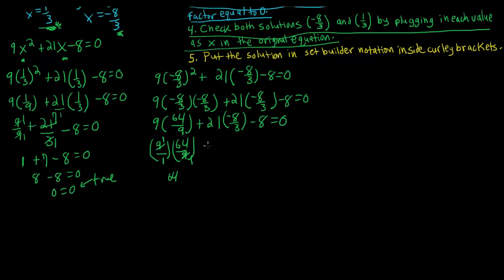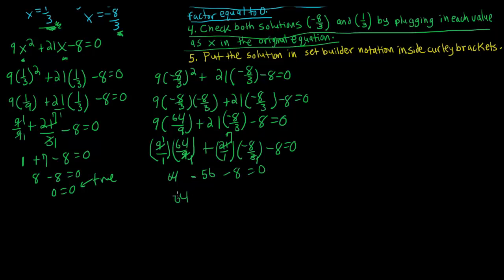And then plus, we have 21/1 times negative 8/3 minus 8 equals 0. 3 goes into itself once, 3 goes into 21 7 times. And then you have 7 times negative 8, which is minus 56/1, the same as minus 56. And then you have minus 8 here equals 0.